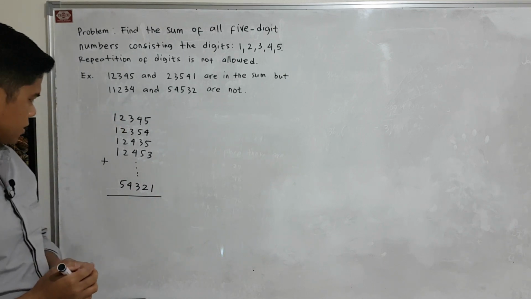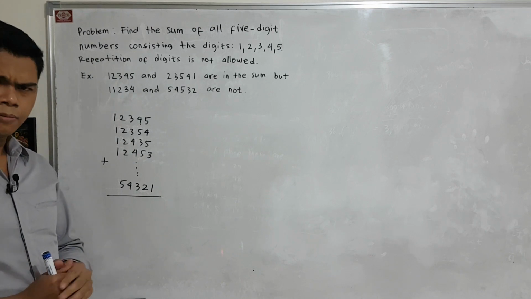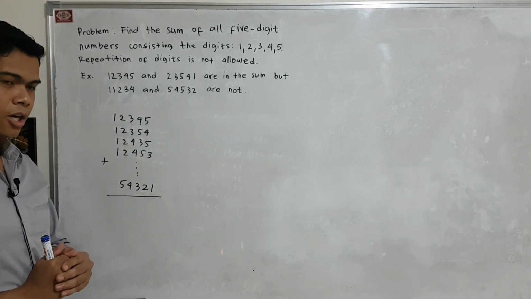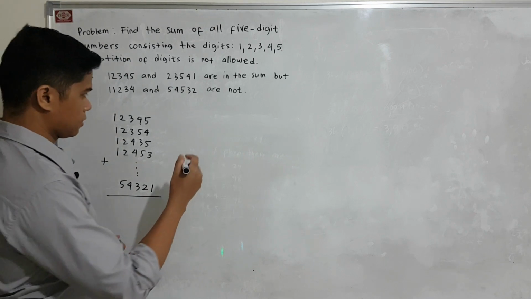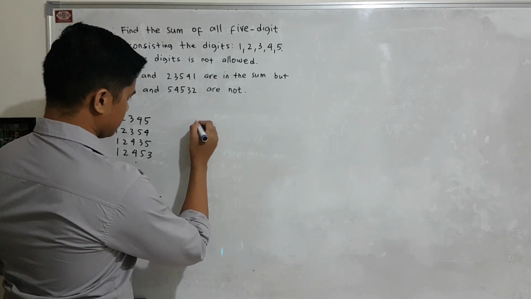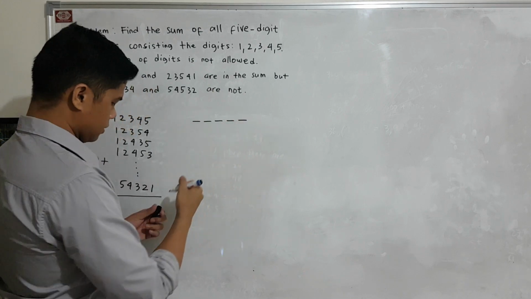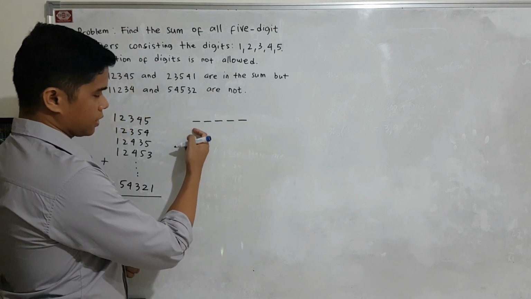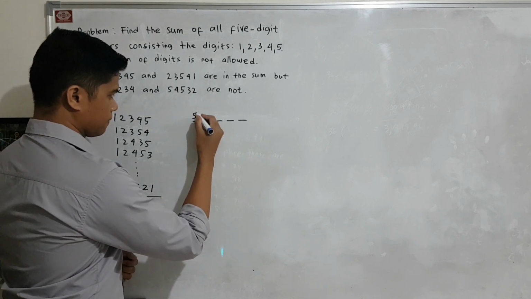So how do we find the sum without actually adding the numbers one by one? It might be helpful to count how many numbers there are. We can use the counting principle. We have 5-digit numbers. In the first place, we can select any of the 5, so there are 5 options there.